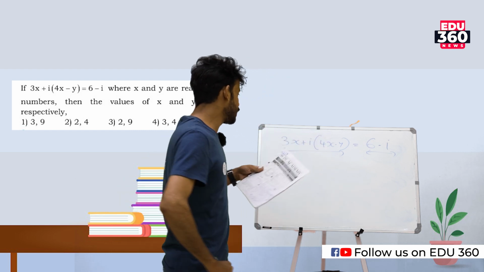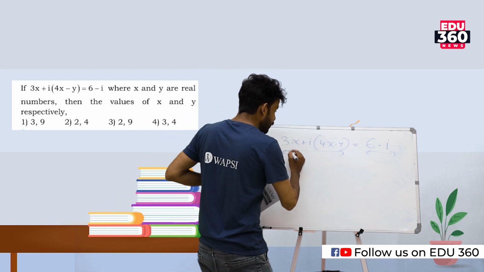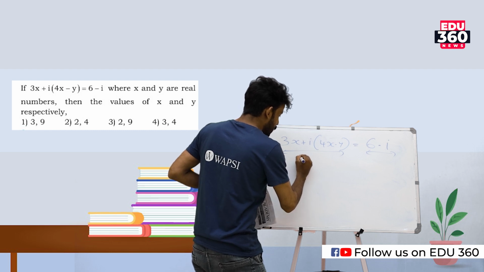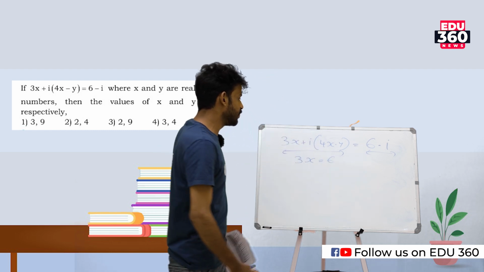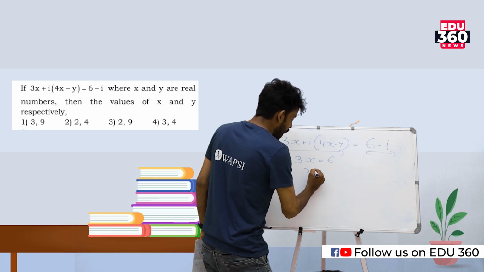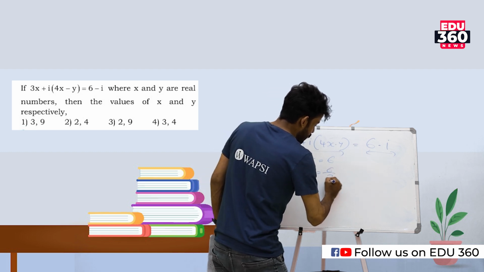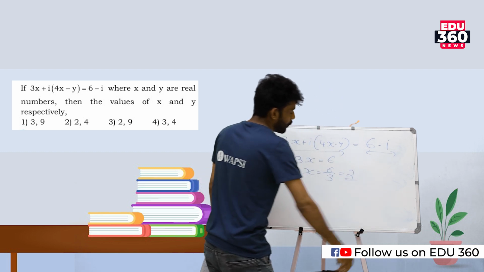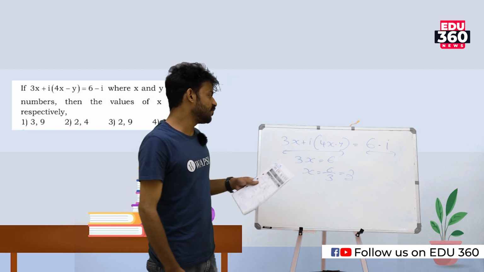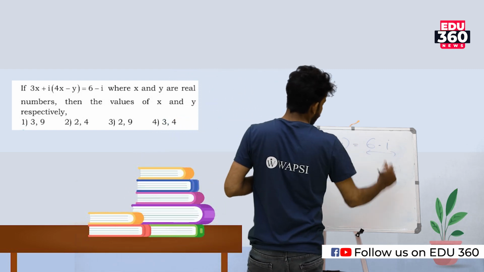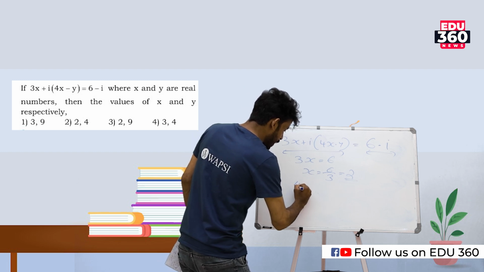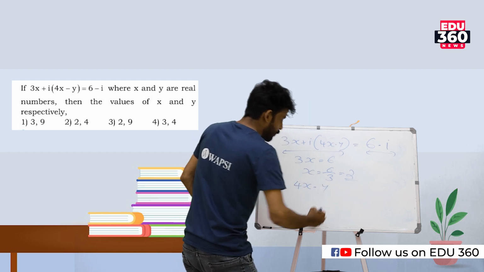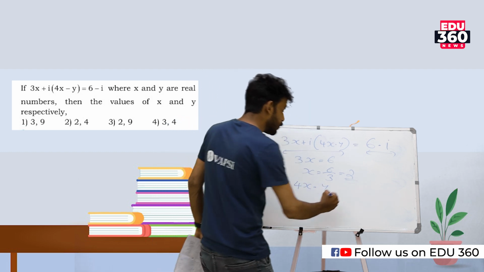Just equate this. We can equate the real part: 3x is equal to 6. From this we can write x is equal to 6 by 3, so the value of x is equal to 2. Similarly, we can equate the imaginary part: 4x minus y is equal to minus 1.